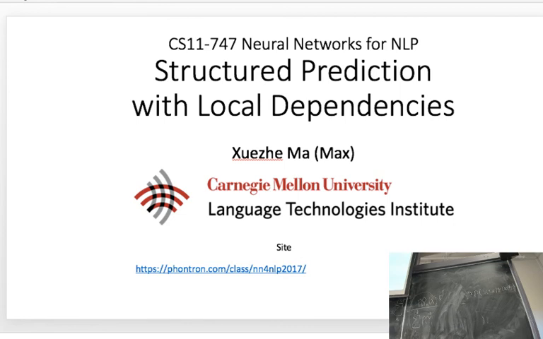So REML can be written as the KL divergence between the Q distribution and your model distribution. So that's the relation between REML and MLE.